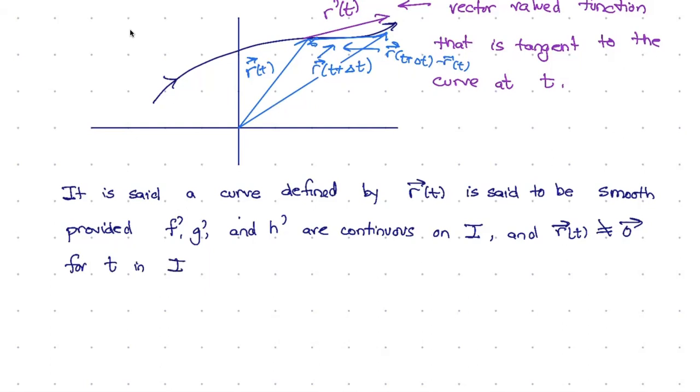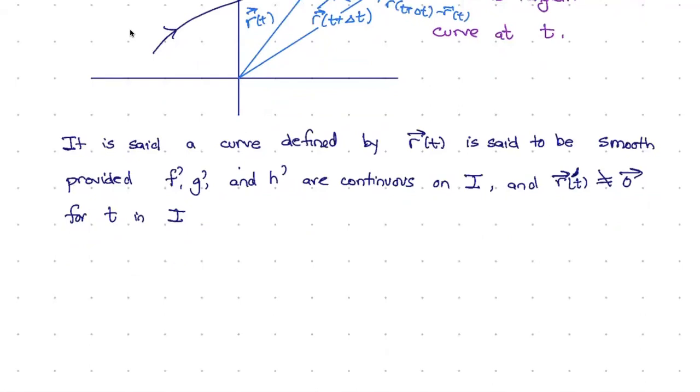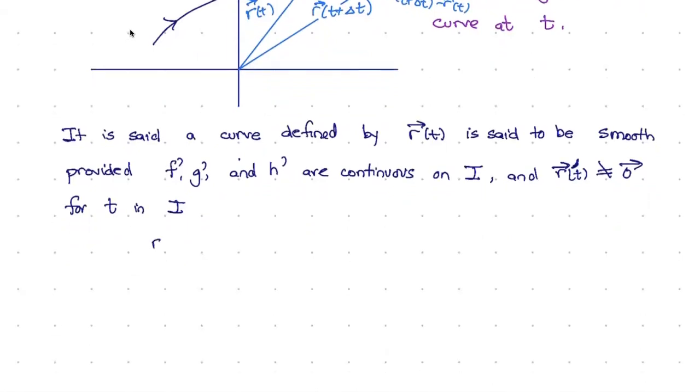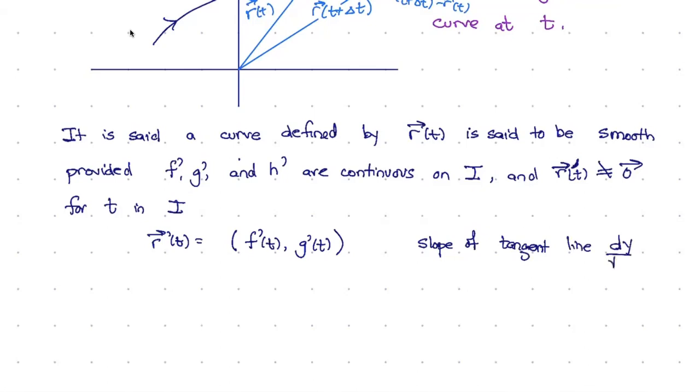And the reason this is important for us, we can understand in R2. It is important for us to understand that r prime cannot equal the zero vector, because if we're looking at r prime of t as being f prime of t, g prime of t, remember that in order for us to define a tangent line, the slope of the tangent is going to be given by dy dx.